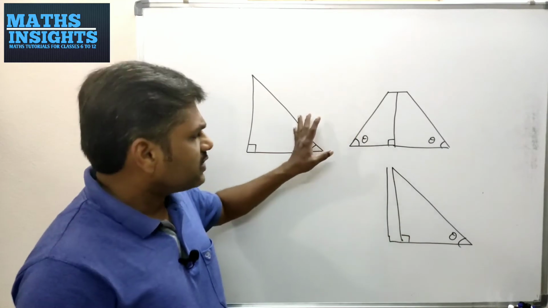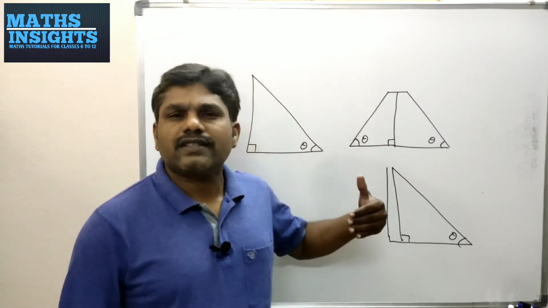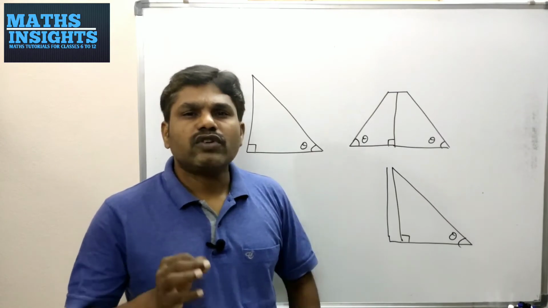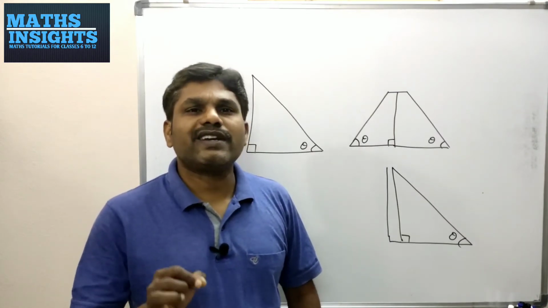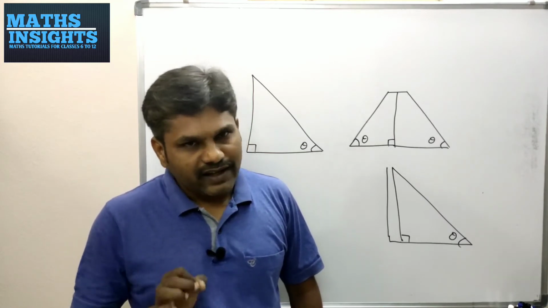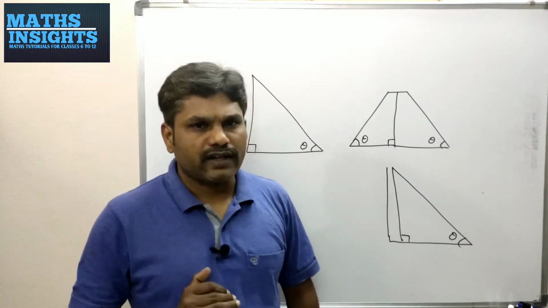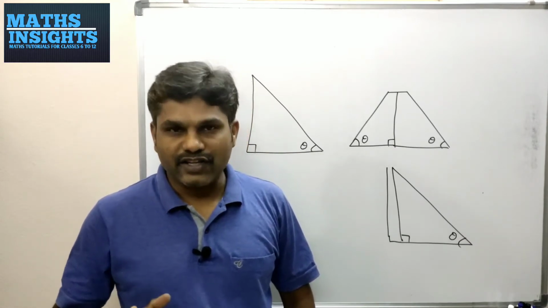So from these three figures we have to conclude that trigonometric ratios are defined only in a right angle triangle. Basing on this right angle triangle, we will define the trigonometric ratios.